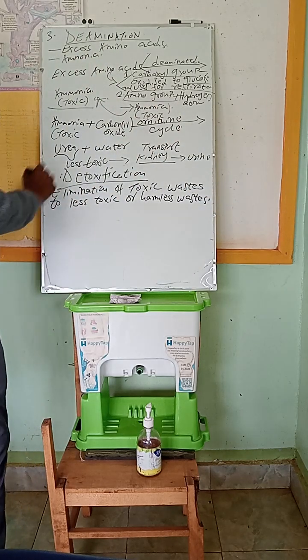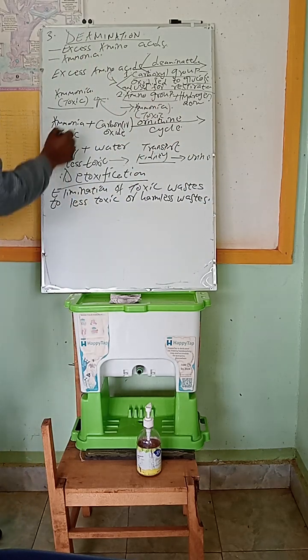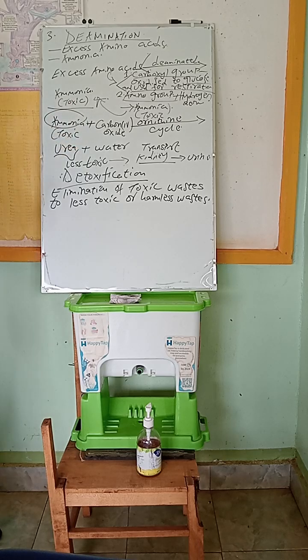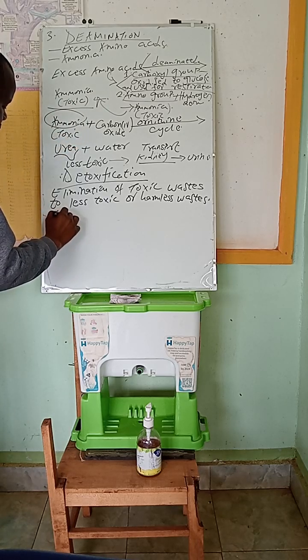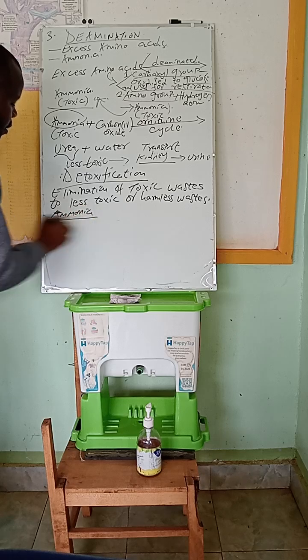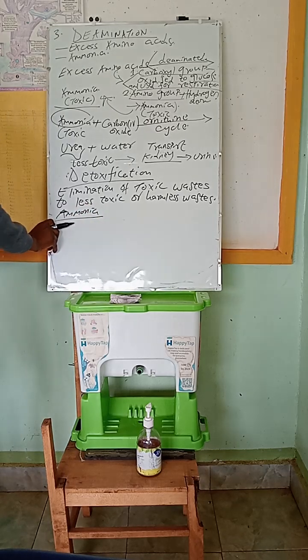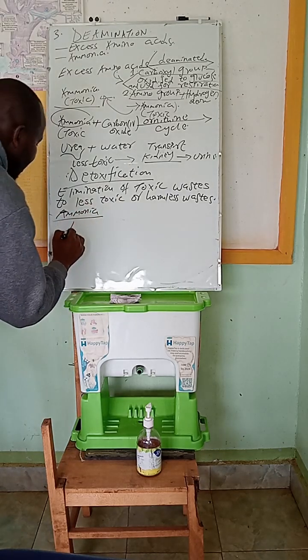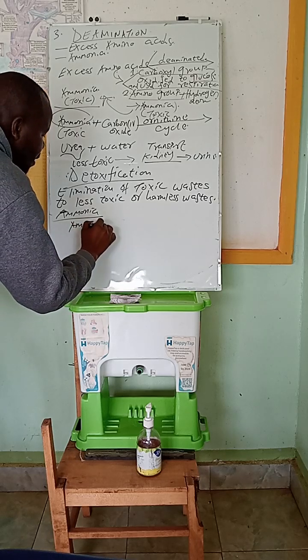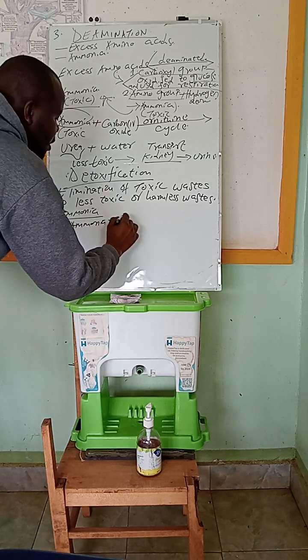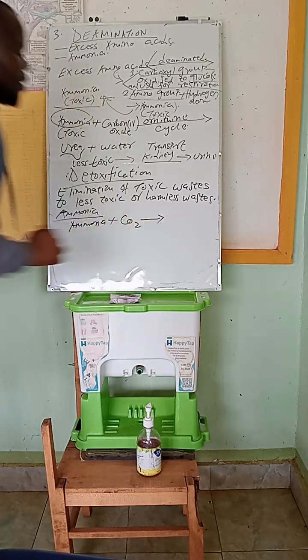And here we just use examples, and one of our examples is ammonia. We said ammonia is what? Toxic. So we can use our ammonia. What was ammonia doing? We combine ammonia. It's a combination process. Ammonia plus CO2, what do you get?